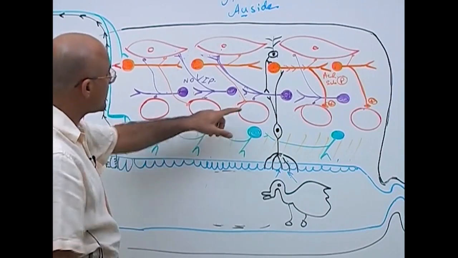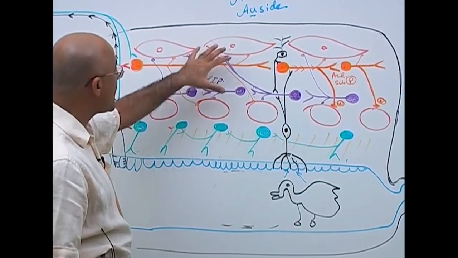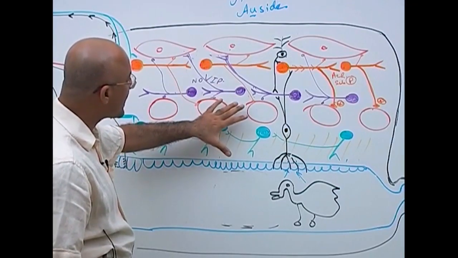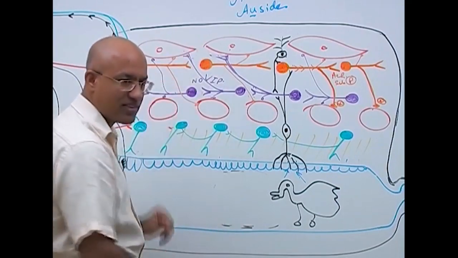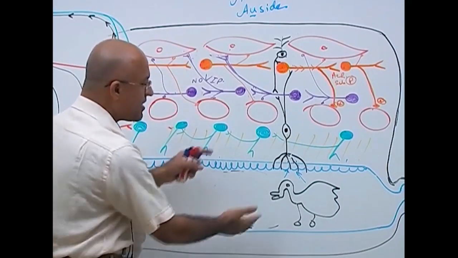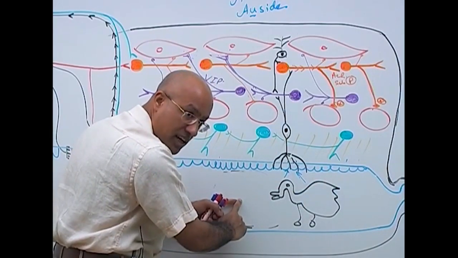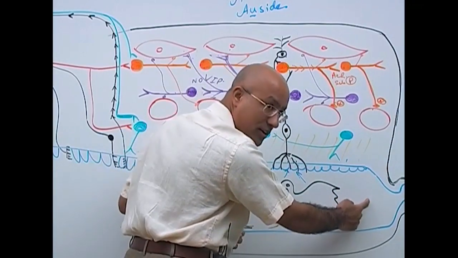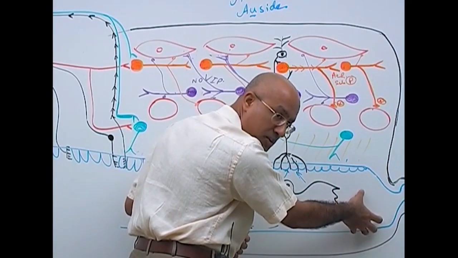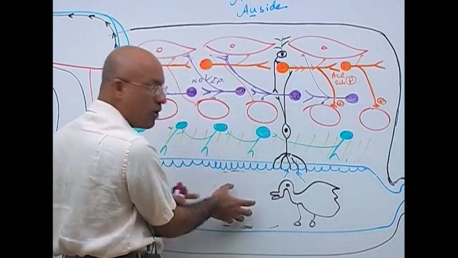Then circular smooth muscles will start relaxing, and there will be receptive relaxation. So just aboral to the stimulus, circular smooth muscle will relax, and on the oral side of the stimulus, circular smooth muscle will contract. And this piece of bolus will be pushed forward.